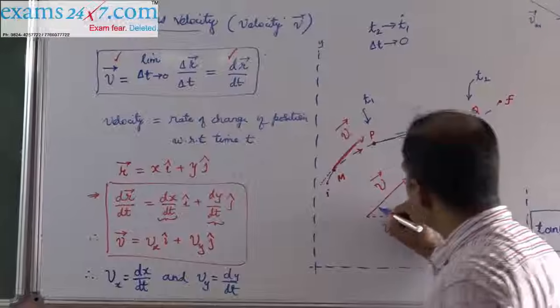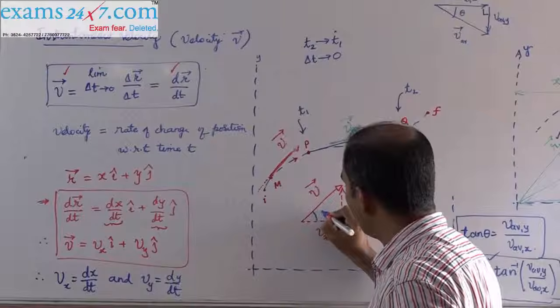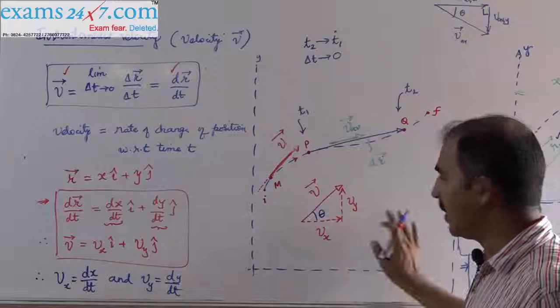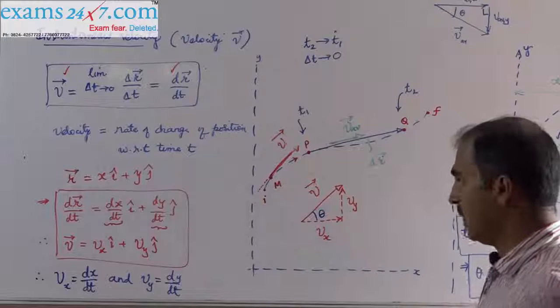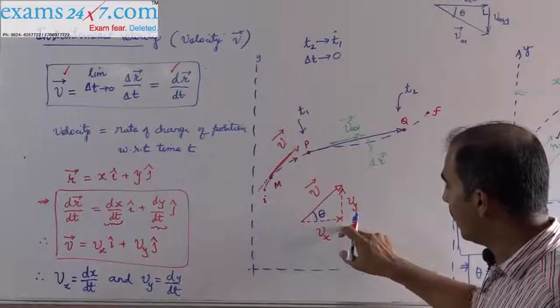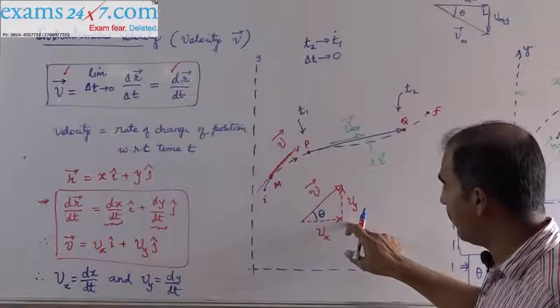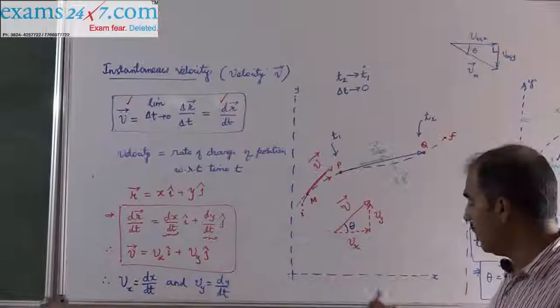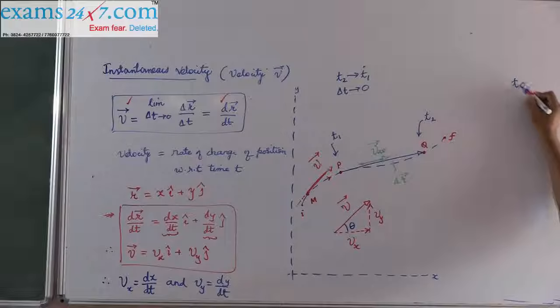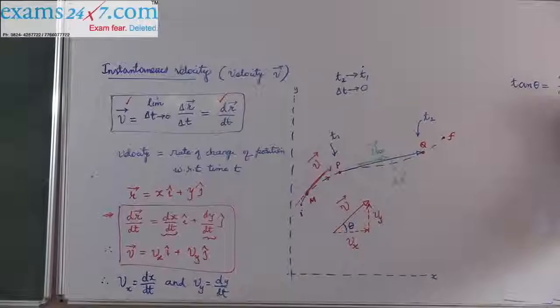Now often we are interested in finding the direction of the velocity with respect to a specific direction, maybe the x-axis. How do we find it? From this right angle triangle it becomes very clear that tan theta is the opposite side Vy divided by the adjacent side Vx. So tan theta equals Vy by Vx.